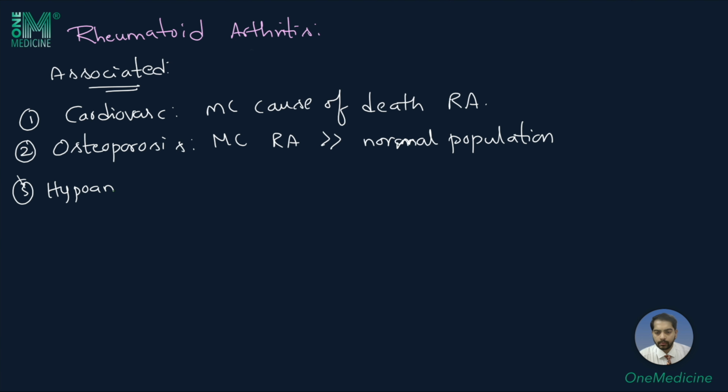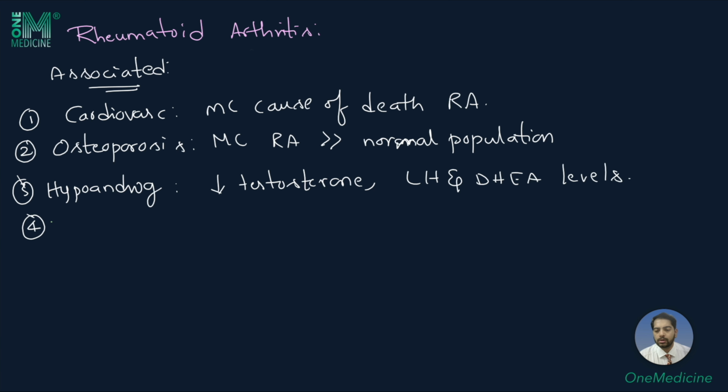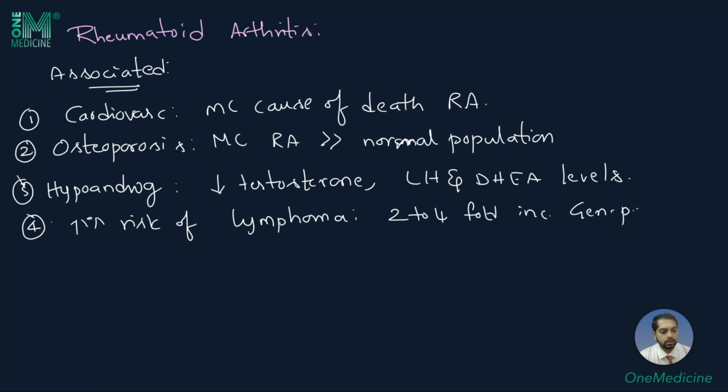Hypoandrogenism, which is documented by decreased testosterone, luteinizing hormone, and DHEA levels. Patients with rheumatoid arthritis are at increased risk of lymphoma, where there is a 2 to 4 fold increase compared to general population.